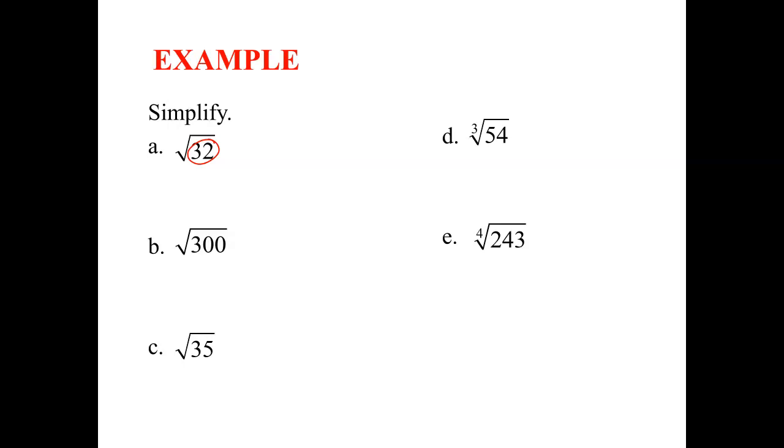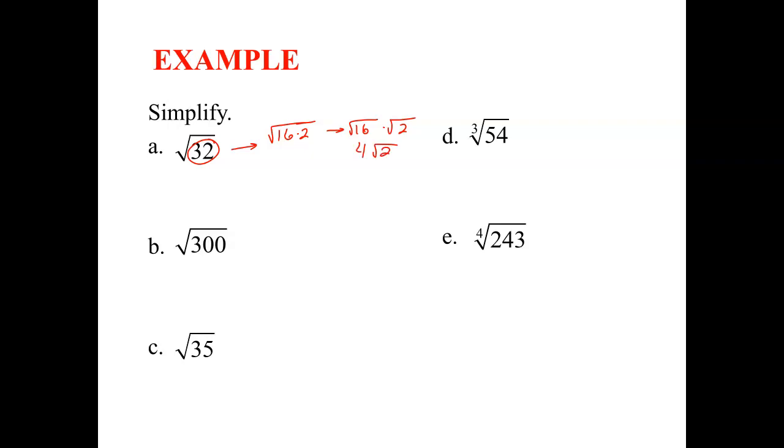Do I have a bigger one? 16. If you can find the biggest one, go with that. But I'll show it both ways so that in case you get stuck, you can find it. So I can do the square root of 16 times 2, which I can split as the square root of 16 times the square root of 2, which allows me to then square root the 16 and leave the 2 inside the radical.